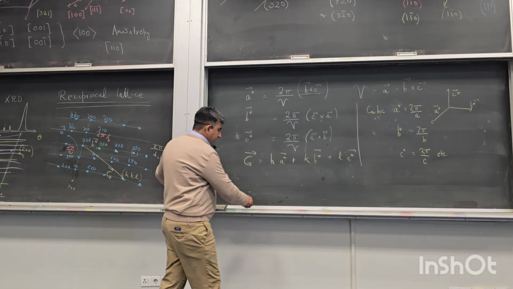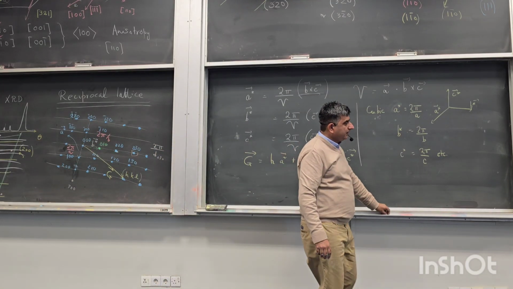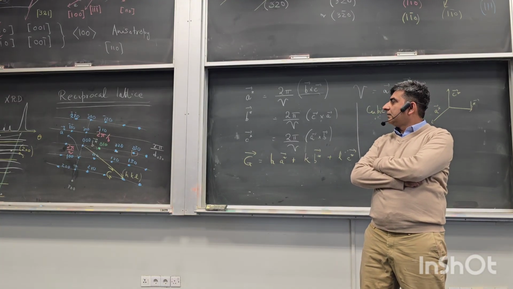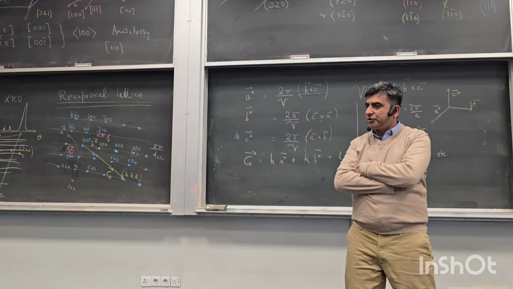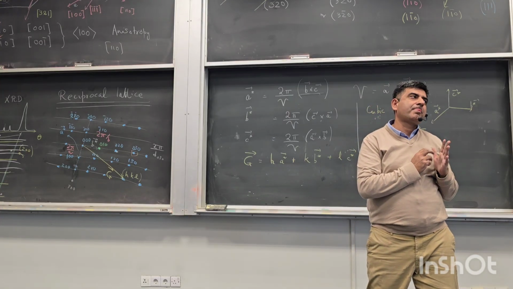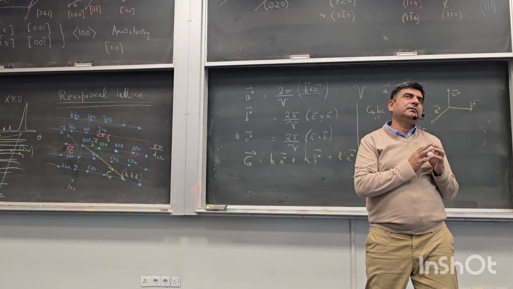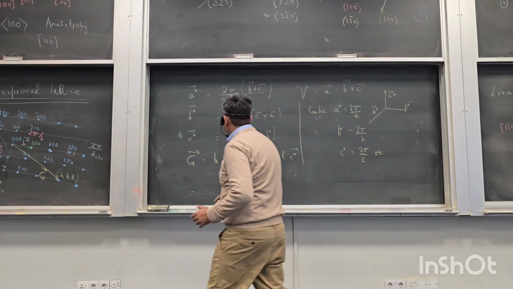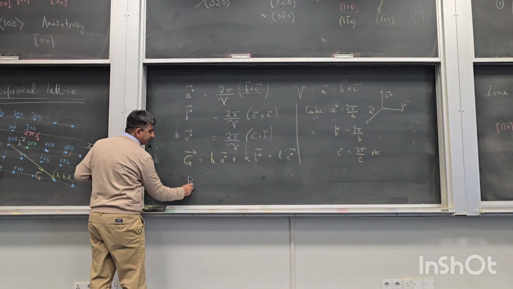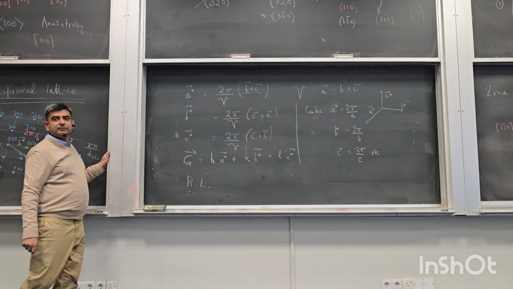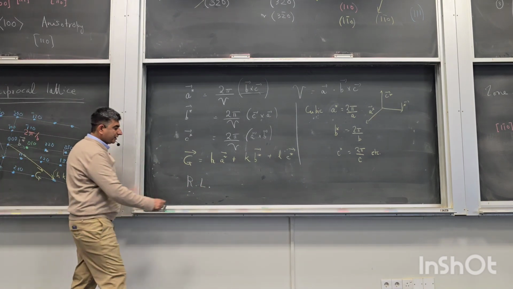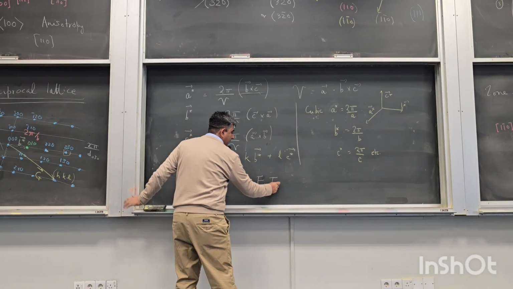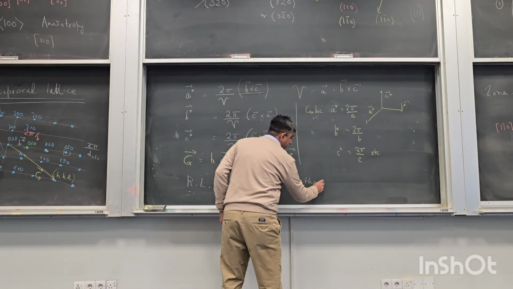Now the question is, I want to pose to you, if I were to write down this statement that the reciprocal lattice is the Fourier transform of the direct lattice.